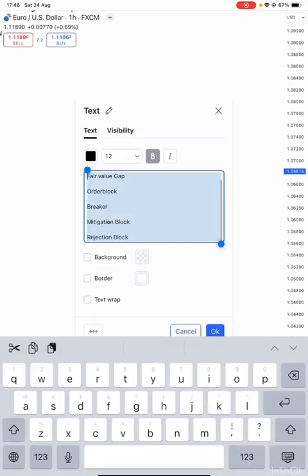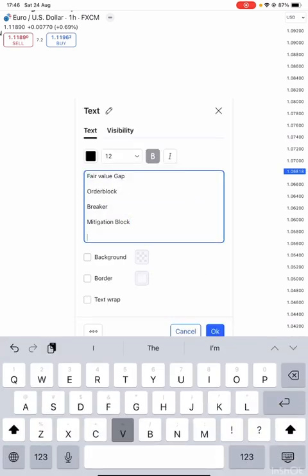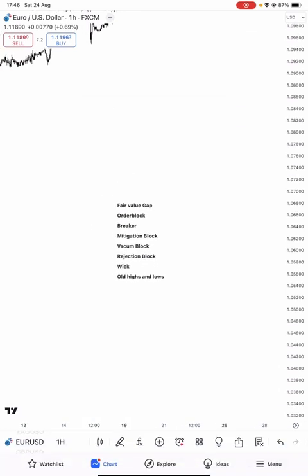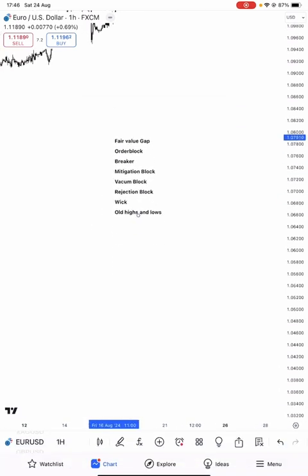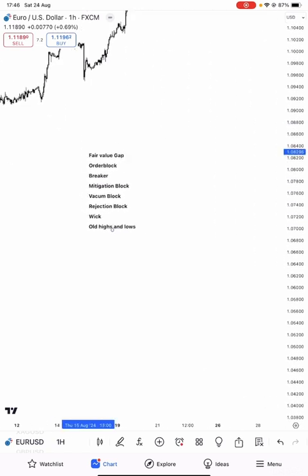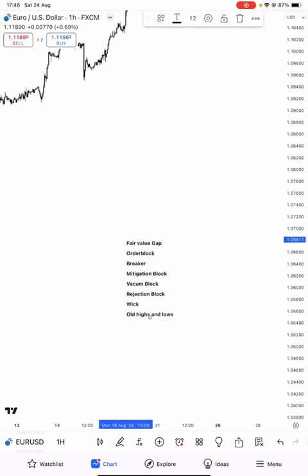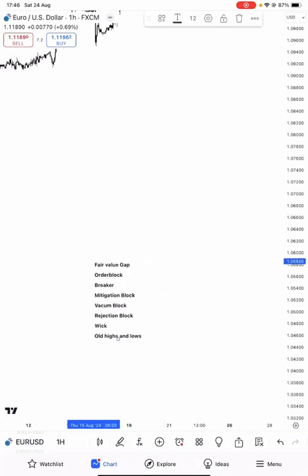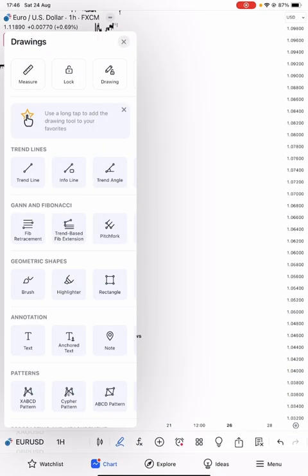Also there is mitigation block and the more rare vacuum block. If you attended the core content, you know what a vacuum block is.